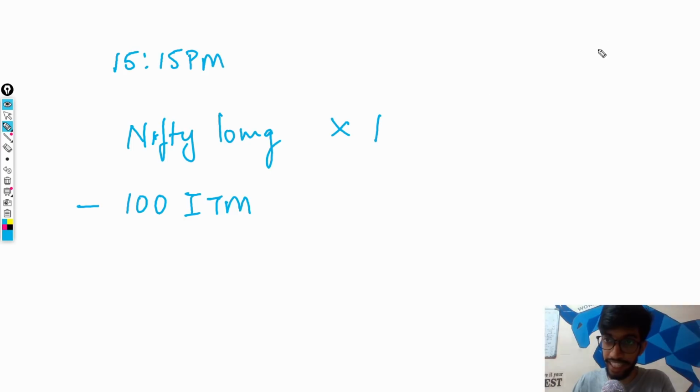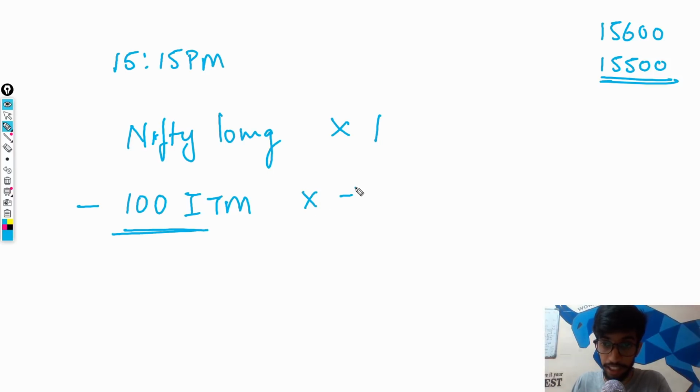So if Nifty is trading at 15,600, then you will be shorting the 15,500 call option. So you will be shorting a 100 points in the money call option, one lot.